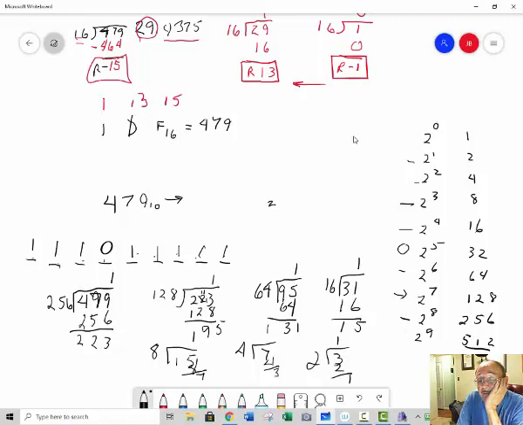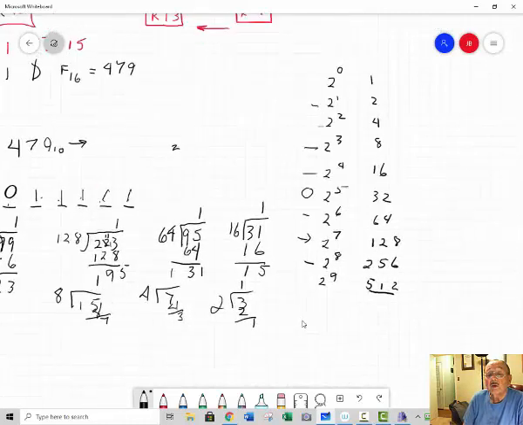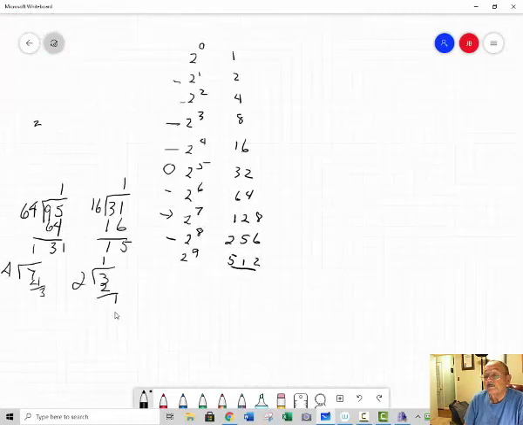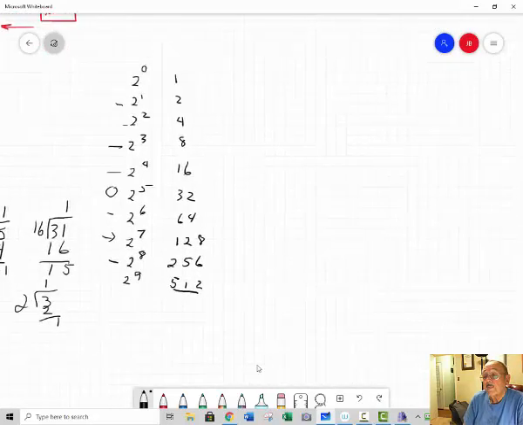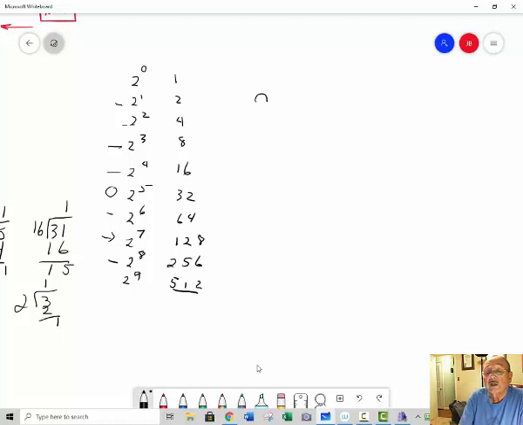One more. Let me see if I can pick a smaller number instead of using that big one. And I'm going to go out to the side here so we can see what we're doing. Let's just take a smaller number. Let's take 98 base 10, and I want to convert it to base 2, whatever it happens to be.